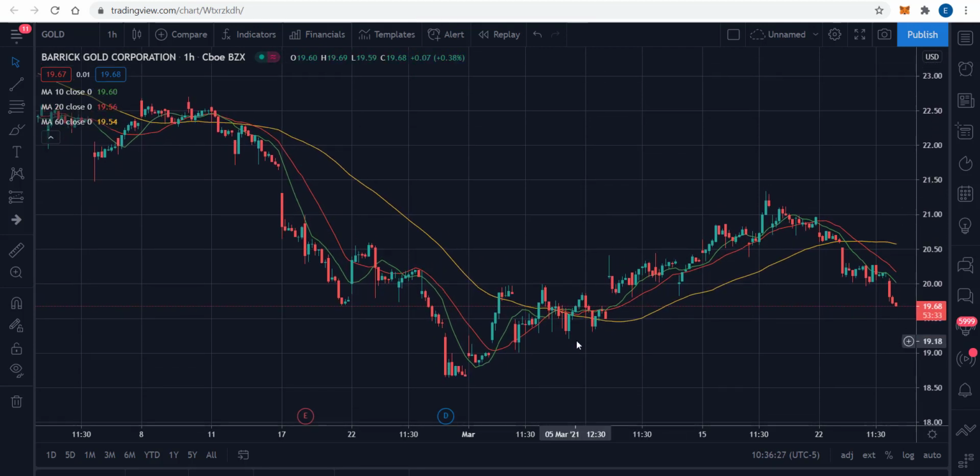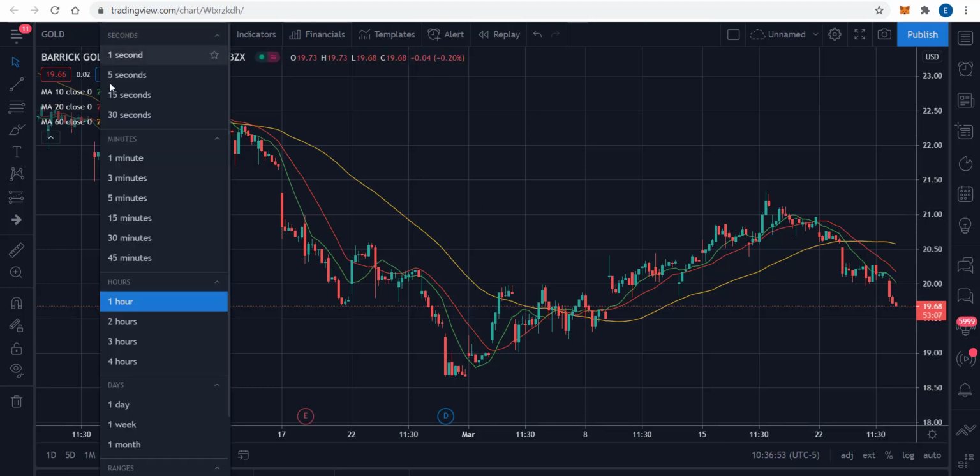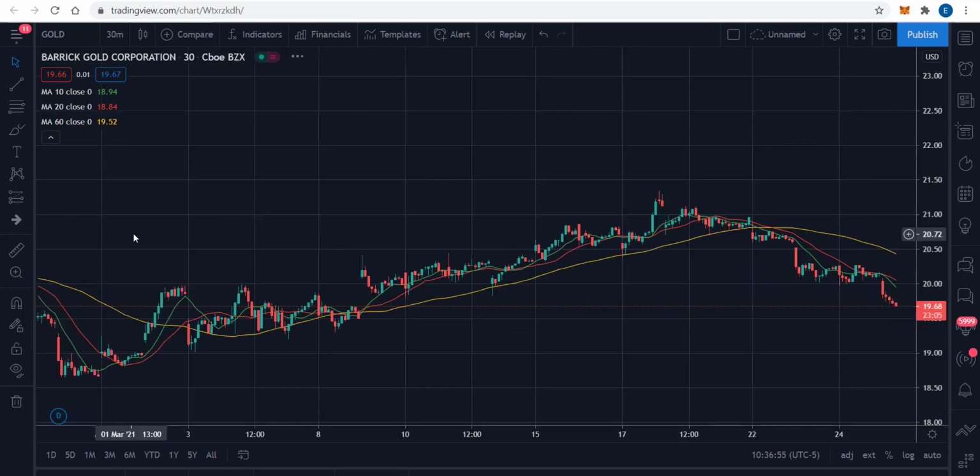So on the hourly, we can see there was a nice little crossover back here in early to mid February, before this fall off, and we had almost a month, or certainly 3 weeks of uptrend, and now we appear to be pulling back lower with all three moving averages in line for a lower market. Let's take a look at the 30 minute.